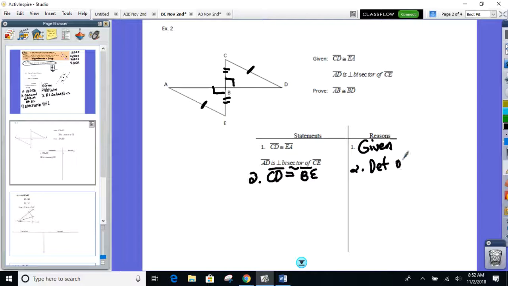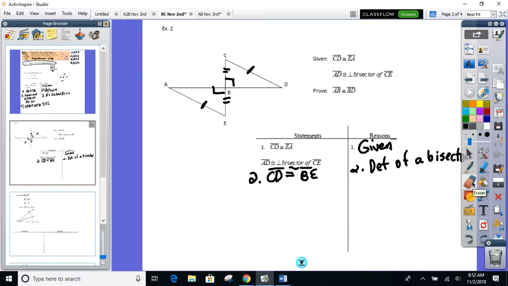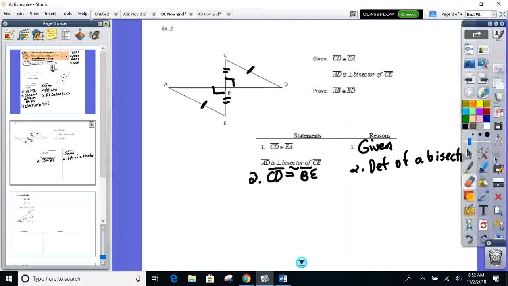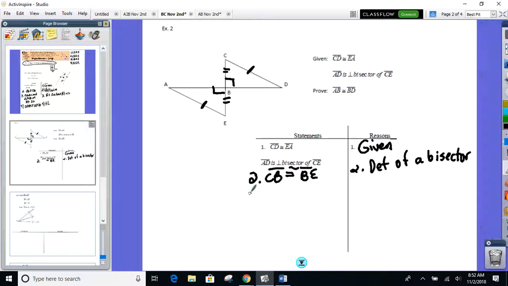Yep, definition of a bisector. Yep, calm down, everybody. Can't erase it. Okay, next thing, let's go with 22. What can we do next?